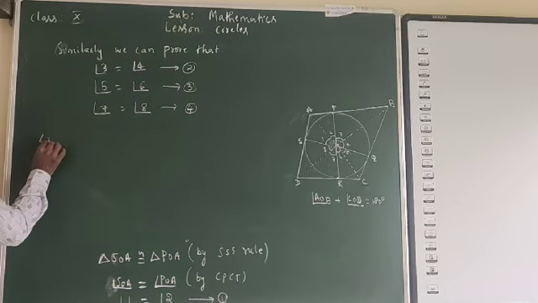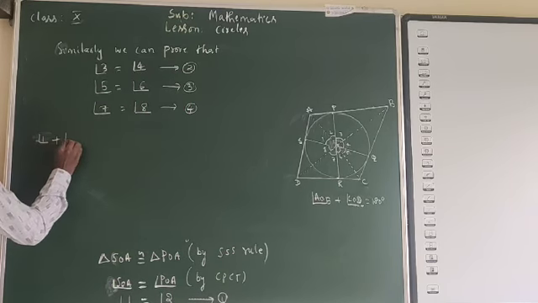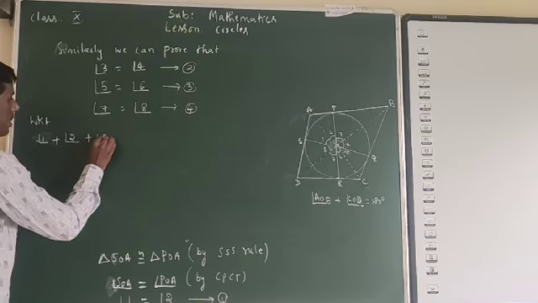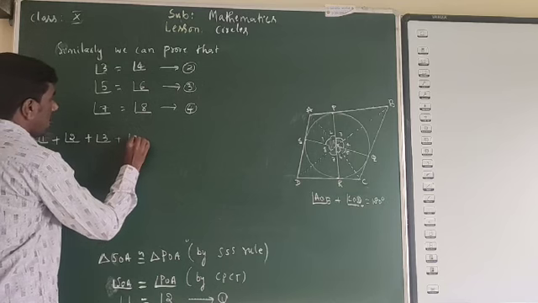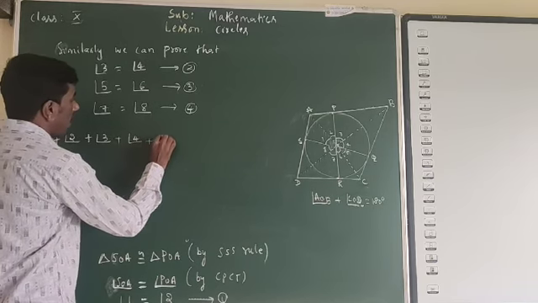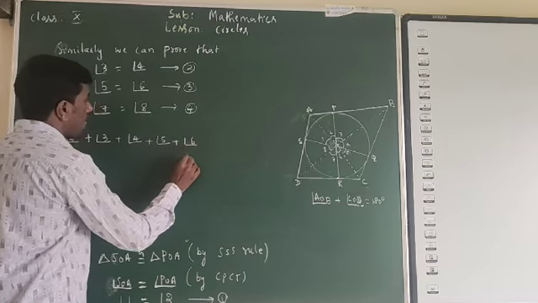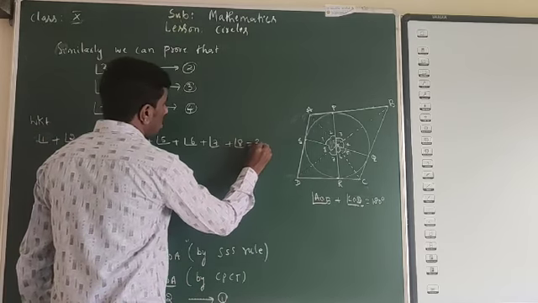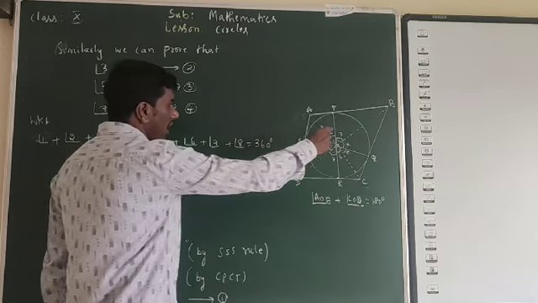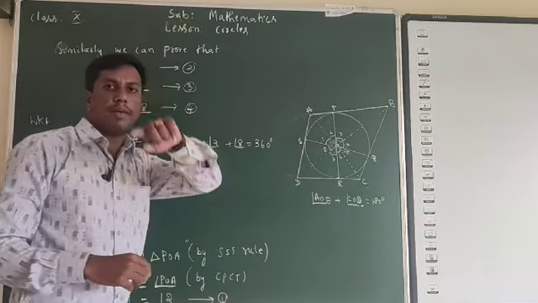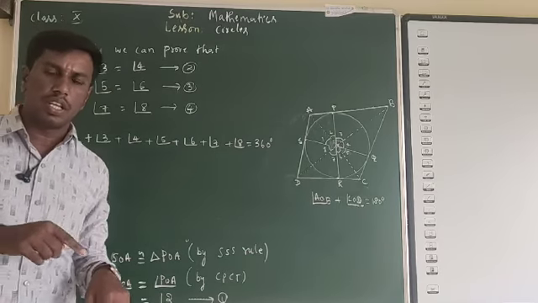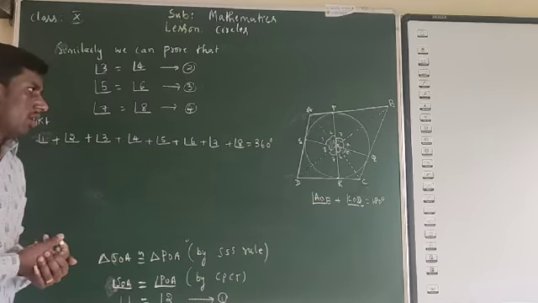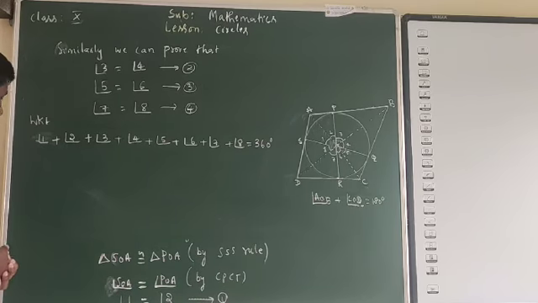We'll write that angle 1 plus angle 2 plus angle 3 plus angle 4 plus angle 5 plus angle 6 plus angle 7 plus angle 8 is equal to 360 degrees, because it's a complete angle. If you take the full rotation, the total angle will become 360 degrees.